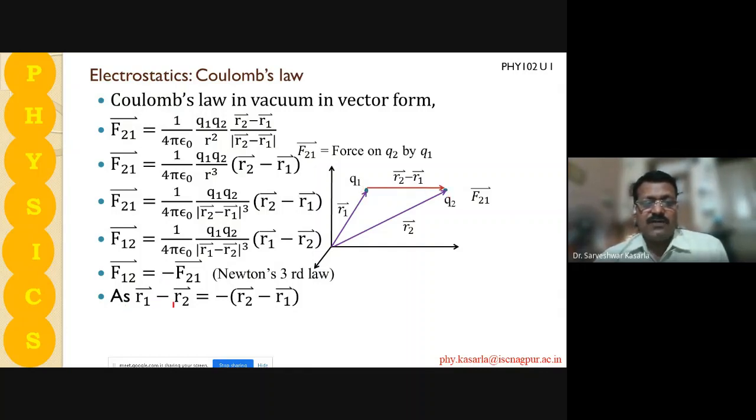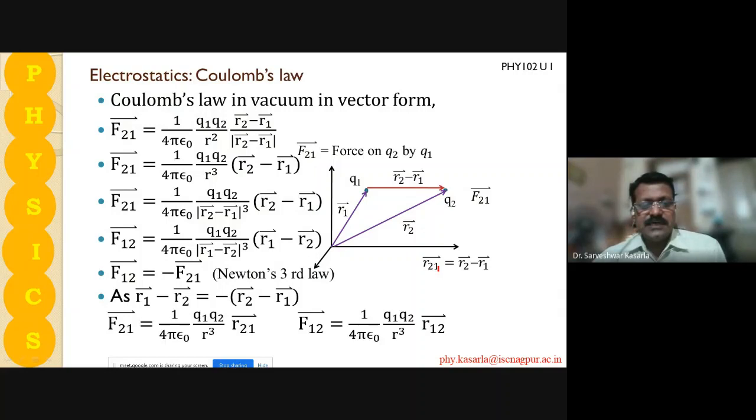And r1 minus r2 is equal to minus of r2 minus r1; this is simple vector algebra. Again, if you want to express vector r2 minus r1 simply as vector r21, then the force can be expressed as F21 equal to 1 upon 4 pi epsilon 0 q1 q2 upon r cube into r21.